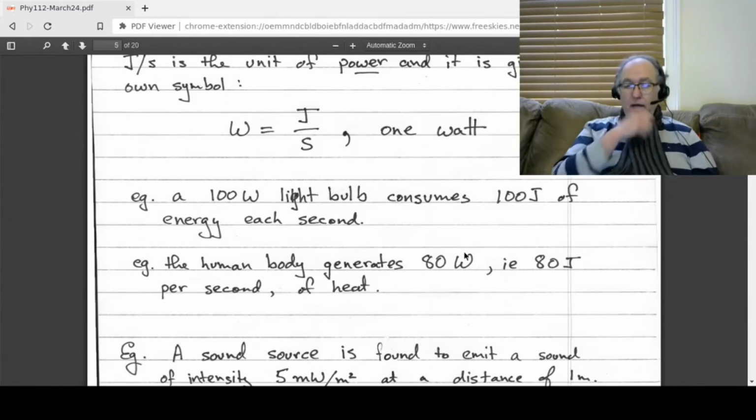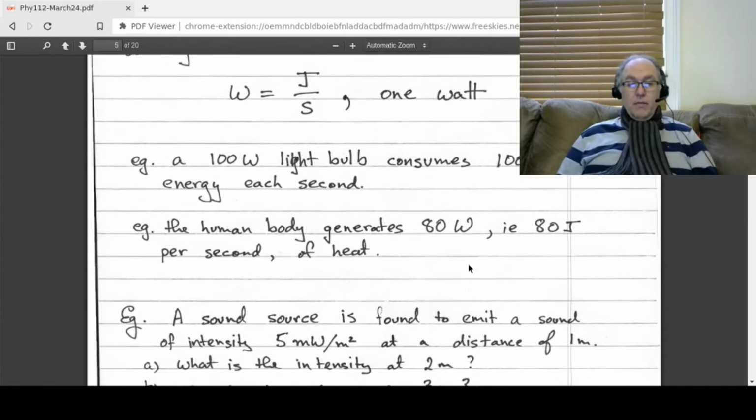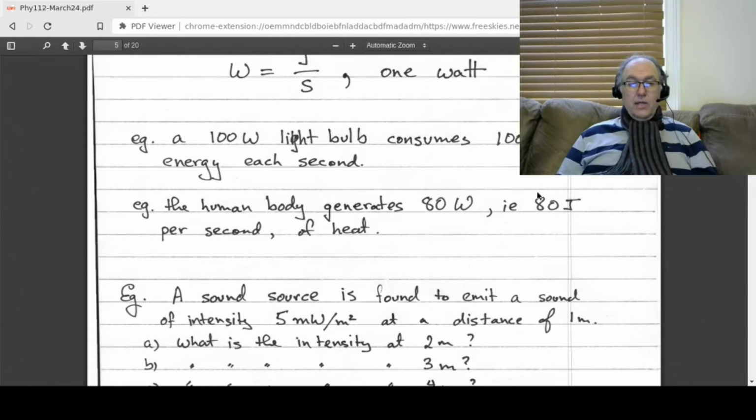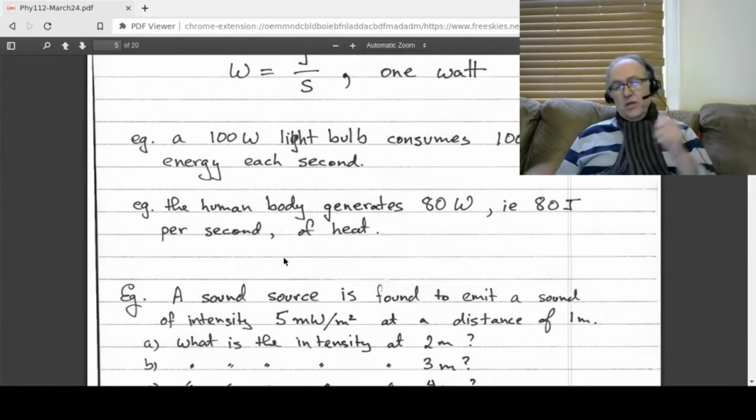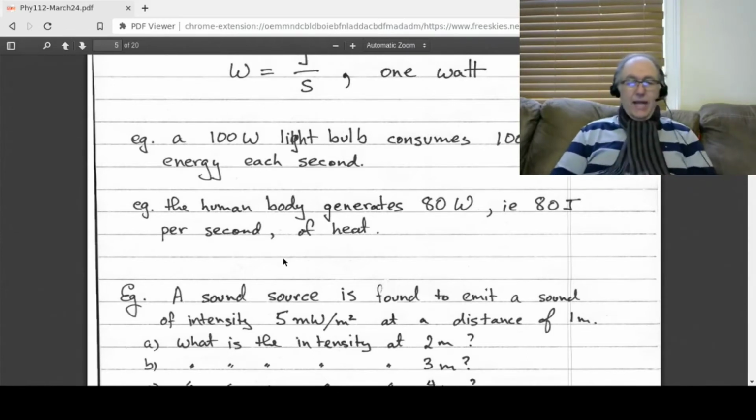The human body actually generates heat because we metabolize our food, and it acts like an 80-watt light bulb. So the human body loses 80 joules of energy per second. That's if you're just sitting or standing still, not being active, because that number can get much higher. But that number gives you a sense of how much food is being metabolized per second: about 80 joules of food energy is used up per second.